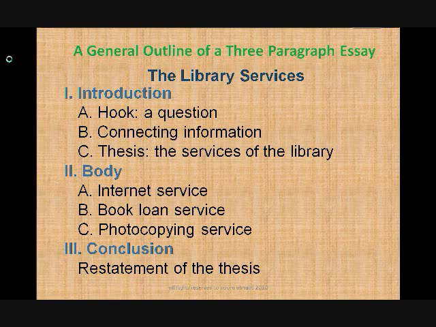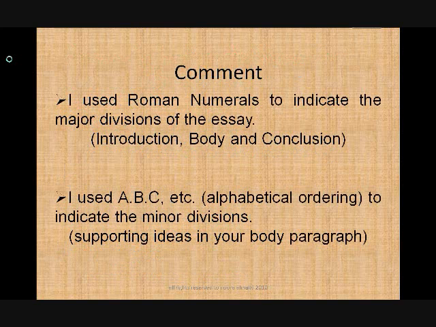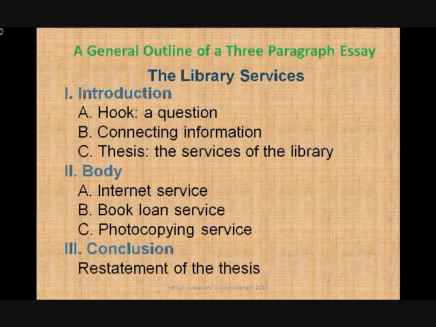Now, I want you to notice a number of things about this outline. I used Roman numerals to indicate the major divisions of the essay: introduction, body, and conclusion. For the introduction, I have 1 in Roman. The body, I have 2 in Roman. And the conclusion, I have number 3 as a Roman numeral.